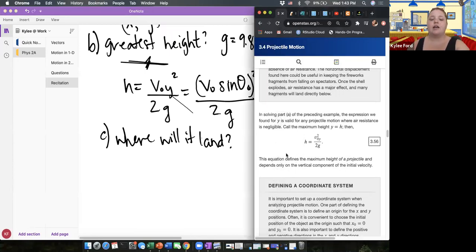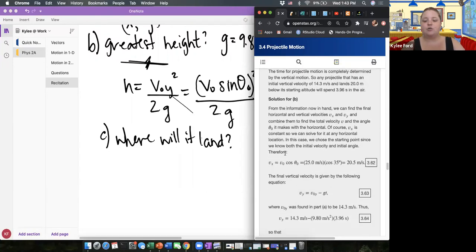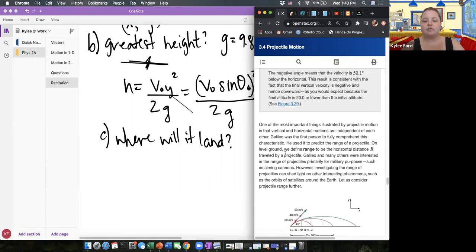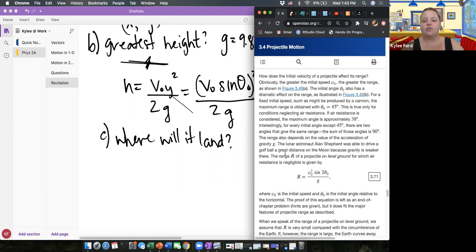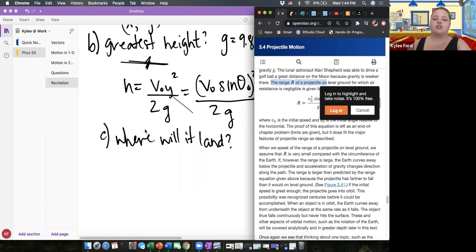So again, I was trying to use some fancy algebra to solve this, but it's actually an equation in your book as well. So I'm going to scroll down. And they refer to it as the range of the projectile. So the range of the projectile is really just where the object is going to land at the end of the projectile.